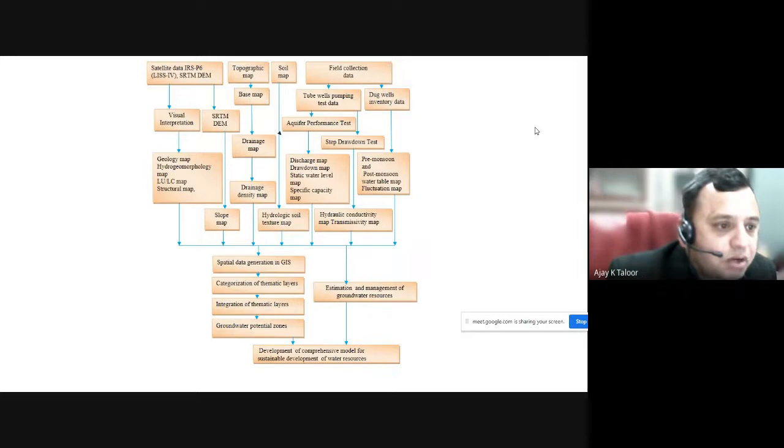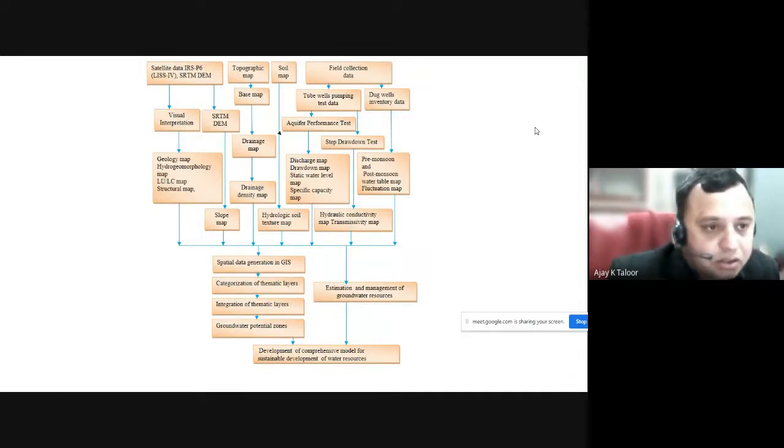From the soil map, as I told you, we have derived the hydrological soil texture map. You can say that this portion has been derived from the satellite data, then from the topographic map, which we got from the Survey of India topo sheet, and then soil. So here we reach here.